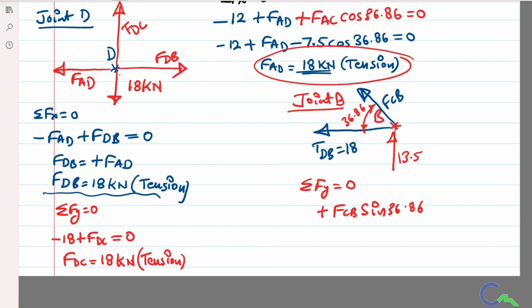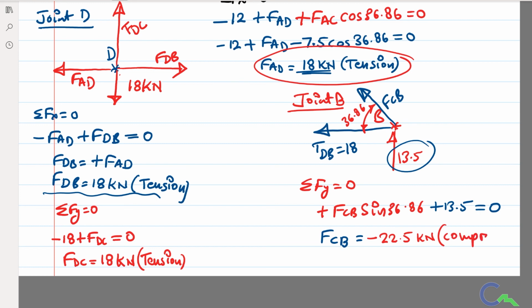One more force in the vertical direction, that is 13.5 acting upward. I will take plus 13.5 is equal to 0. Therefore FCB is equal to minus 22.5 kilonewton. So we got minus, our assumption is wrong, this member is in compression.